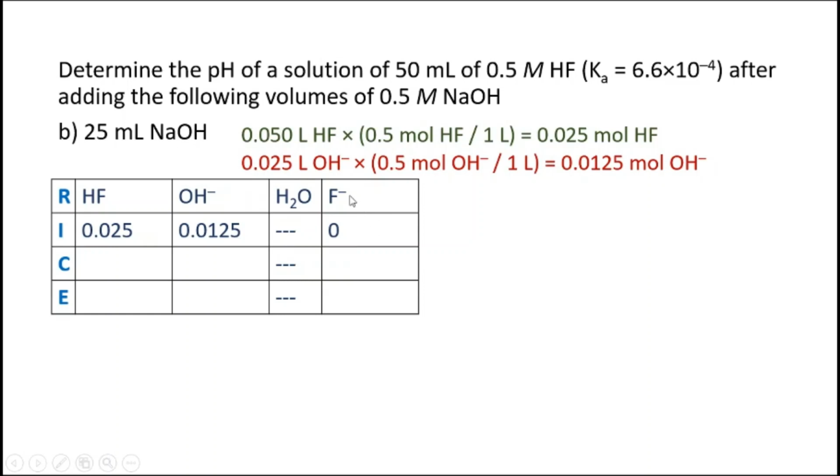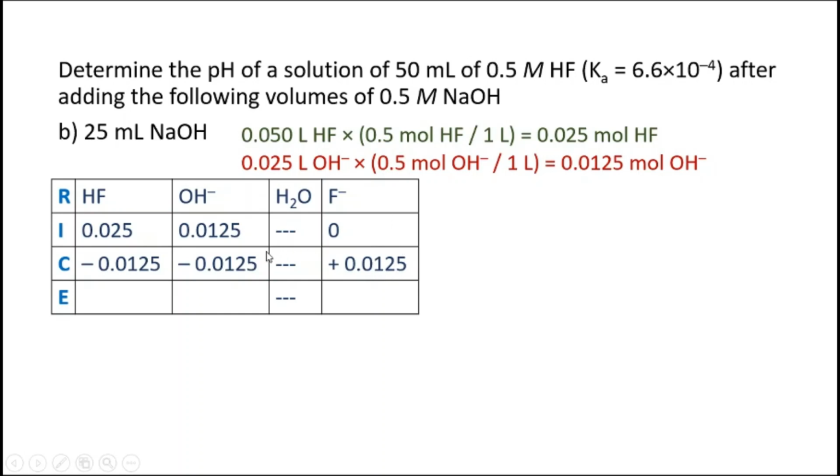And so once we go through and look at how these things are going to change, we know all of this hydroxide is going to react with some of this HF to produce some of our F minus. All of the OH minus is going to react. So minus 0.0125 hydroxide is going to be the same as minus 0.0125 HF, because this 0.0125 moles of hydroxide is going to react with exactly 0.0125 moles of HF to produce exactly 0.0125 moles of F minus.